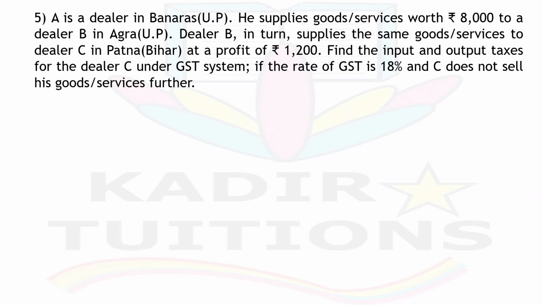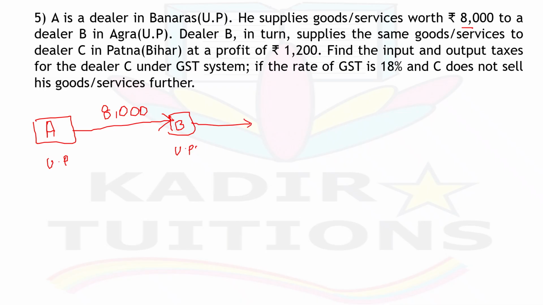Yes, the next problem. A is a dealer in Banaras. He supplies goods or services worth 8,000 to a dealer B. There is one dealer A who is in UP, and one more dealer B, also in UP. So what they are talking about, this A person supplies goods and services worth 8,000 rupees to a dealer B. Now dealer B in turn supplies the same goods and services to a dealer C who is in Bihar.